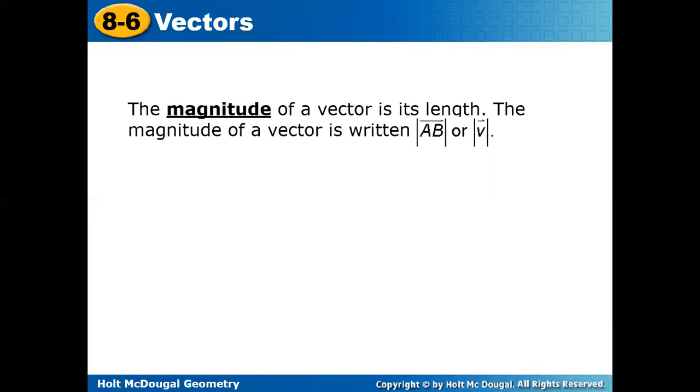The magnitude of a vector means its length. It is written as the absolute value of the vector, like this.